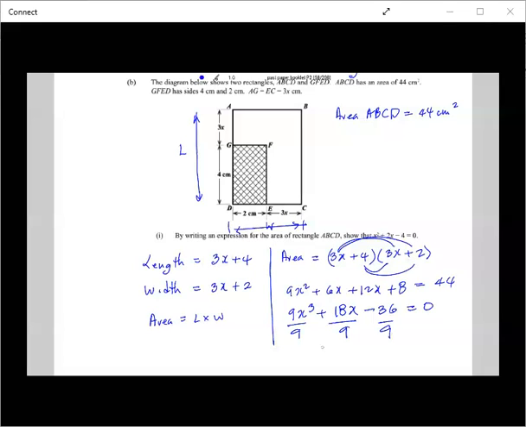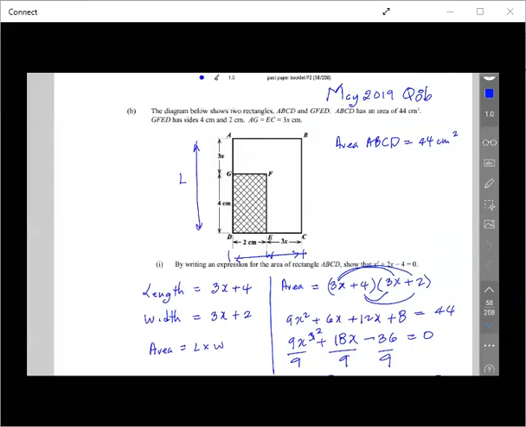I made a mistake. I wrote cube there when it should have been squared. This is x squared plus 2x minus 4 is equal to 0. So that is what we're asked to show, and we were able to do it.